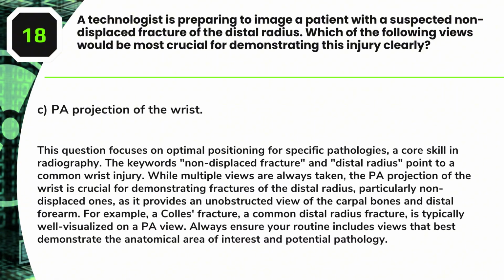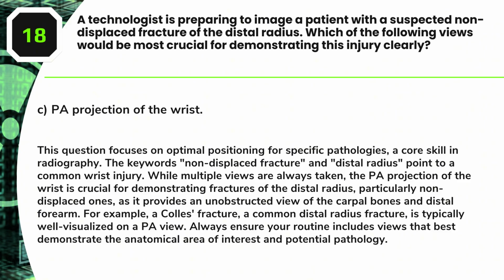Answer: C. PA projection of the wrist. This question focuses on optimal positioning for specific pathologies, a core skill in radiography. The keywords non-displaced fracture and distal radius point to a common wrist injury.